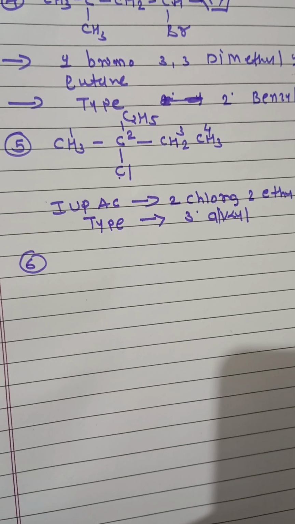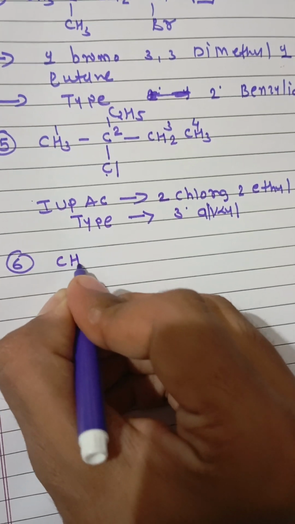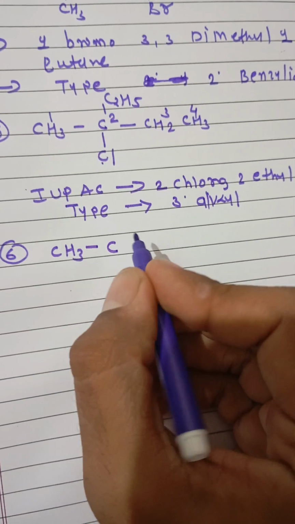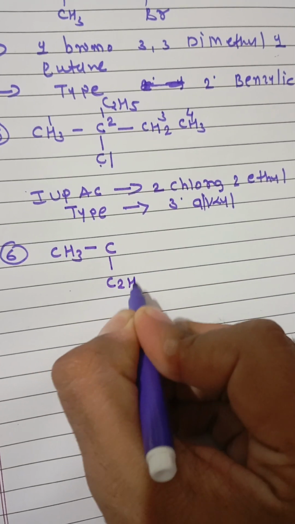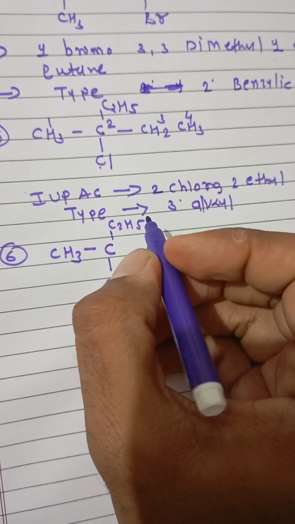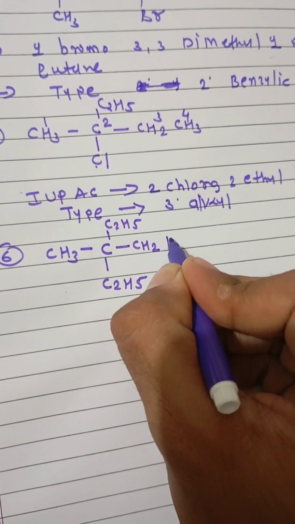Then after, the sixth example is like this: CH3, C. Then after, C2H5 twice is given to us. So here also C2H5, here also C2H5, then CH2 and Br.